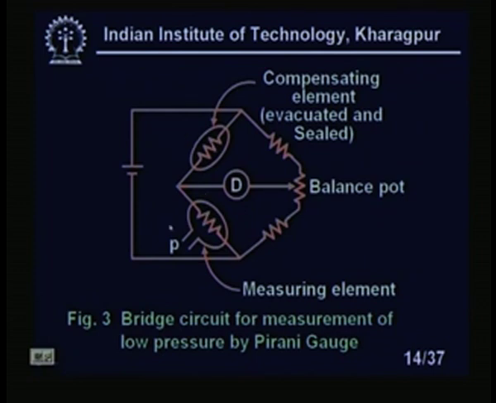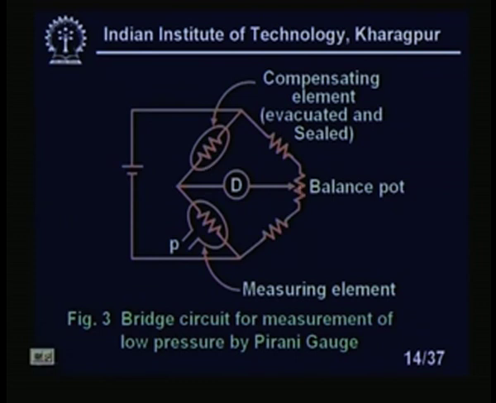So, the bridge unbalance due to ambient temperature variations will be totally nullified if I use this type of configuration, right. This is called the compensating element, or dummy Pirani gauge. You see, this is evacuated and sealed.